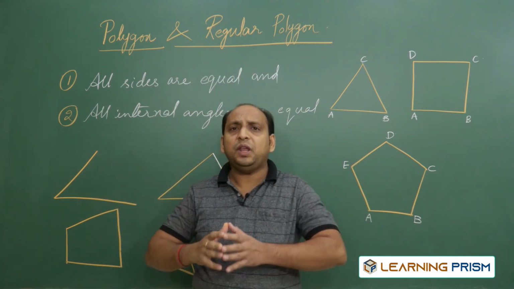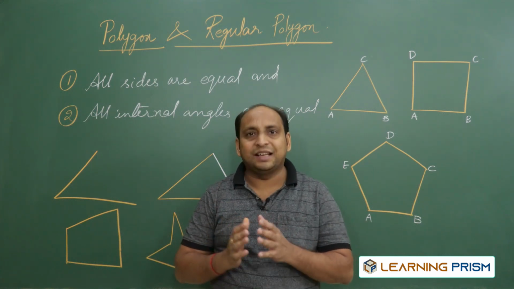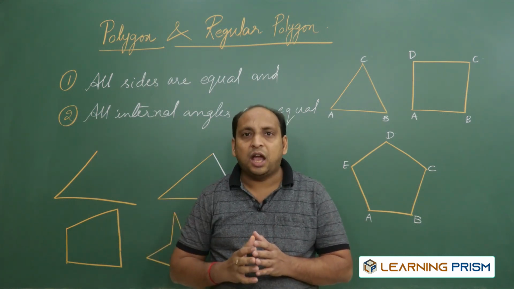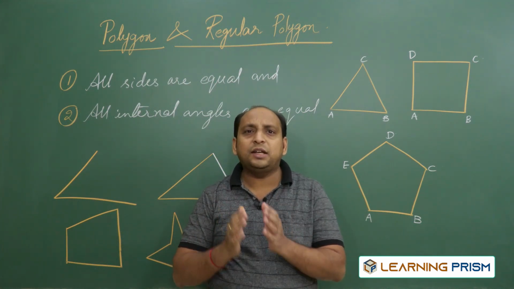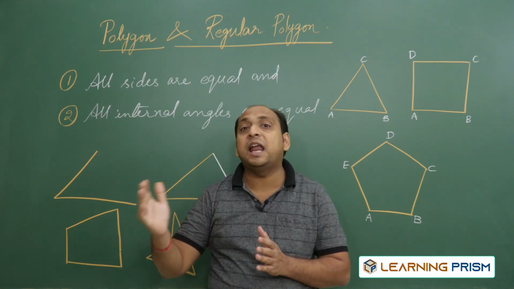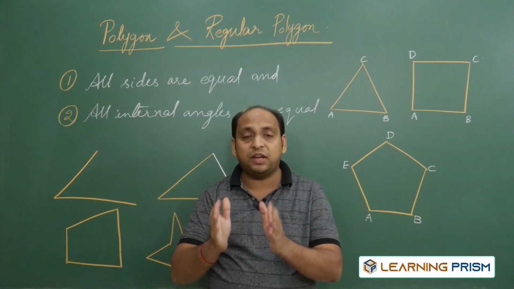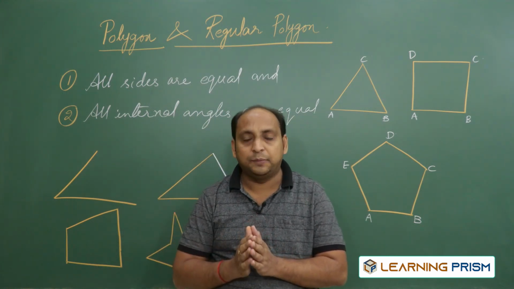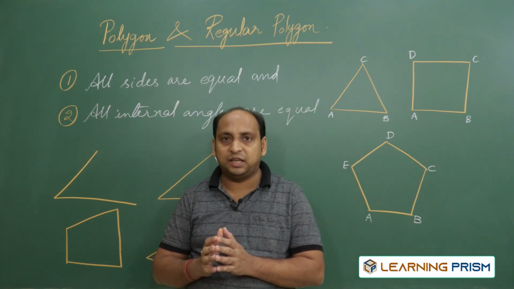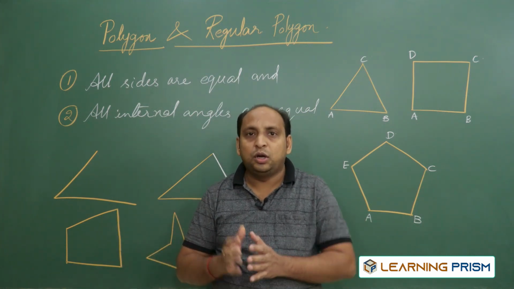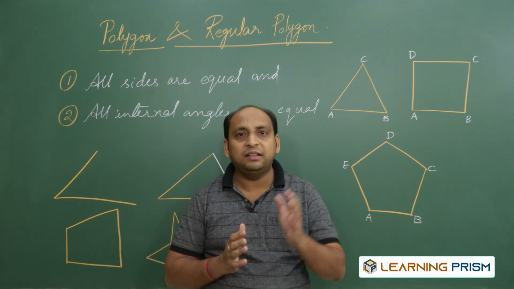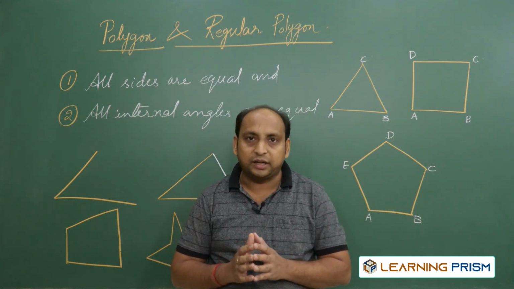Before we define what is a polygon, I should be discussing what is a two-dimensional object and a three-dimensional object, because this is very important to understand what a polygon is. I have a couple of examples here which I will show you.